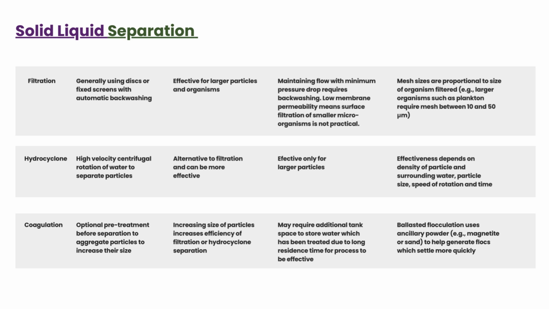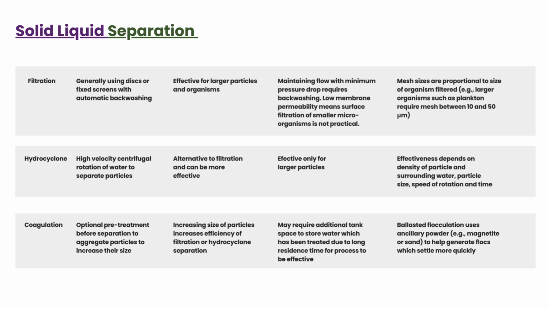Number two, hydrocyclone: high velocity centrifugal rotation of water to separate particles. Hydrocyclone is nowadays commonly used for water treatment, and normally all the larger particles are falling down. It is using the principle of centrifugal rotation.